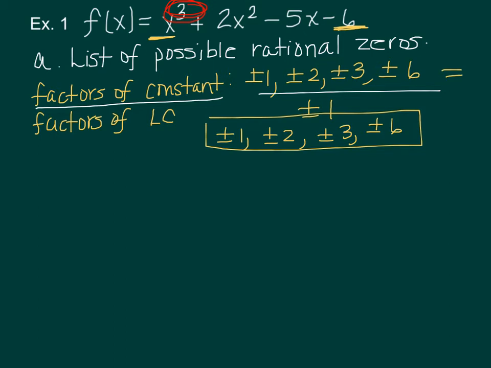So here, you're going to test your possible list. This is where you just have to do trial and error until you can find one that works. So we're going to use synthetic division. Make sure no terms are missing: 1, 2, -5, -6. Remember, we get that from the coefficients of our polynomial.